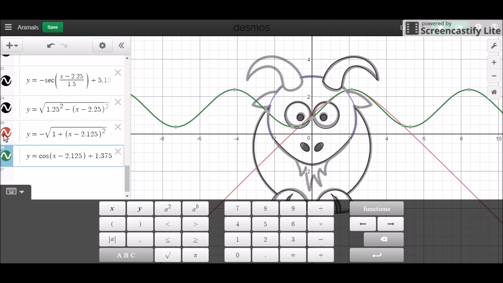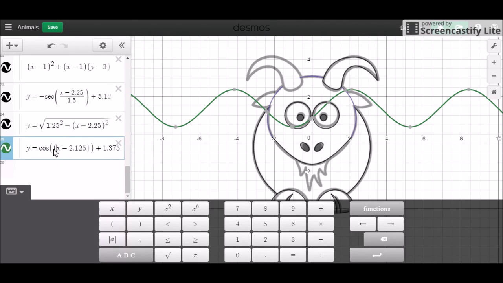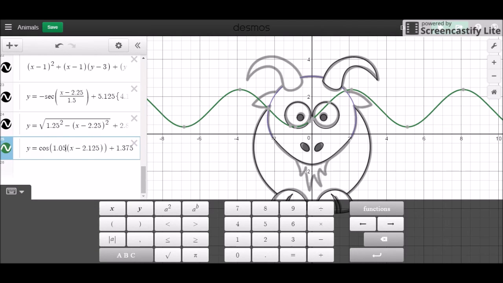So I'm going to go with a cosine, because why not? Let's see. This is squeezed by a tiny bit, just a hair more than 1. I think like 1.05, I'm thinking at that scale.